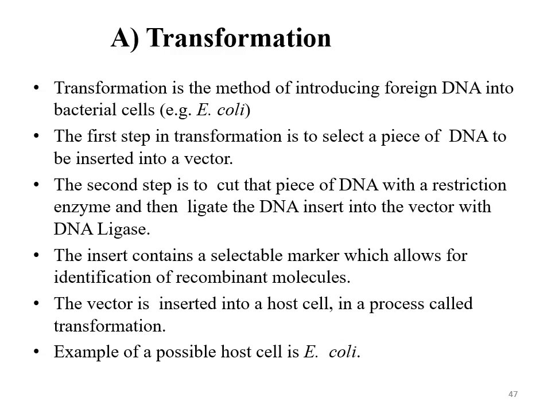The insert contains a selectable marker which allows for the identification of recombinant DNA molecules. The vector is then inserted into a host cell in a process called transformation. One example of the possible host cell is E. coli. The host cell must be specially prepared to take up the foreign DNA.